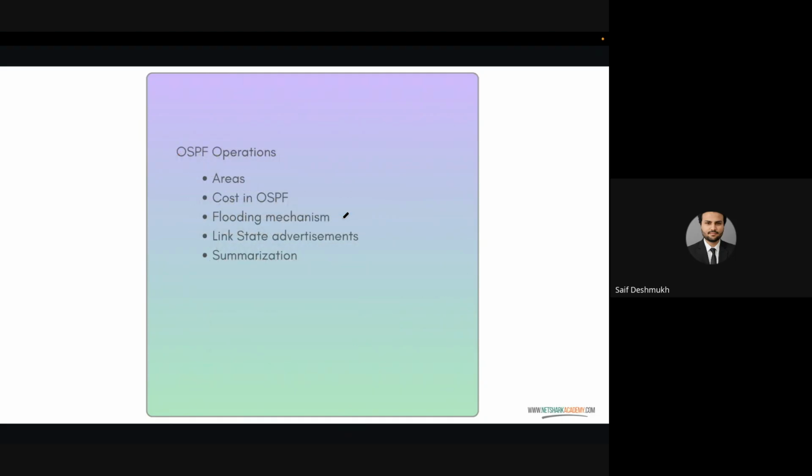These are the things specific to areas that we're going to understand. Even though we're going to cover the area types here, I'm not going to talk about stub areas and such, because for those we need to build the fundamentals of LSAs. So we're going to focus mainly on LSAs, apart from understanding areas.